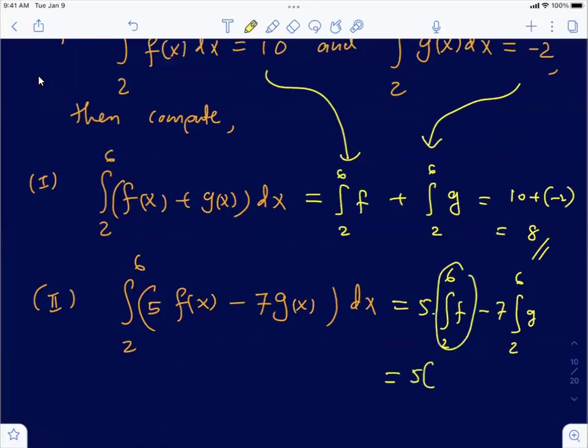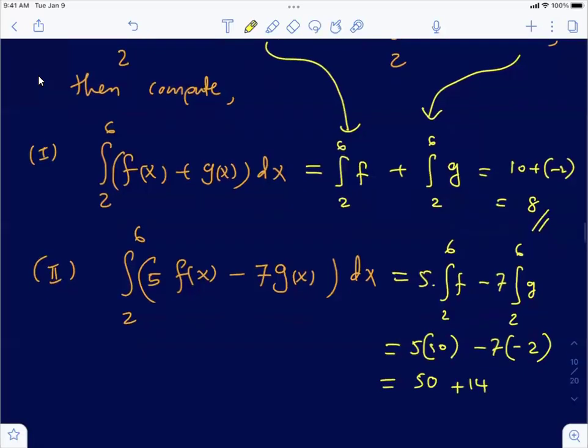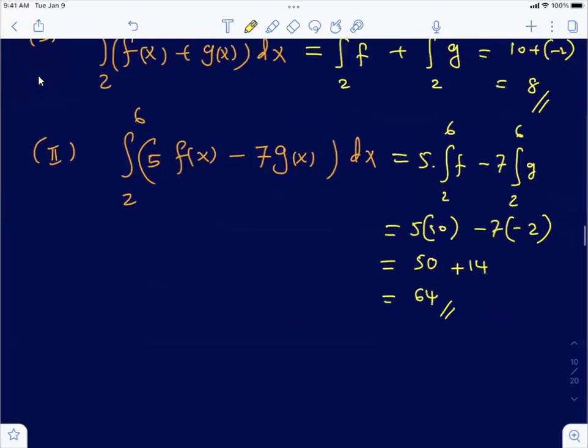This component is none other than 10 minus the second component here, which is negative 2. Now simplify. The first one results in 50. The second one results in positive 14 due to negative negative making a positive. So altogether it's 64.